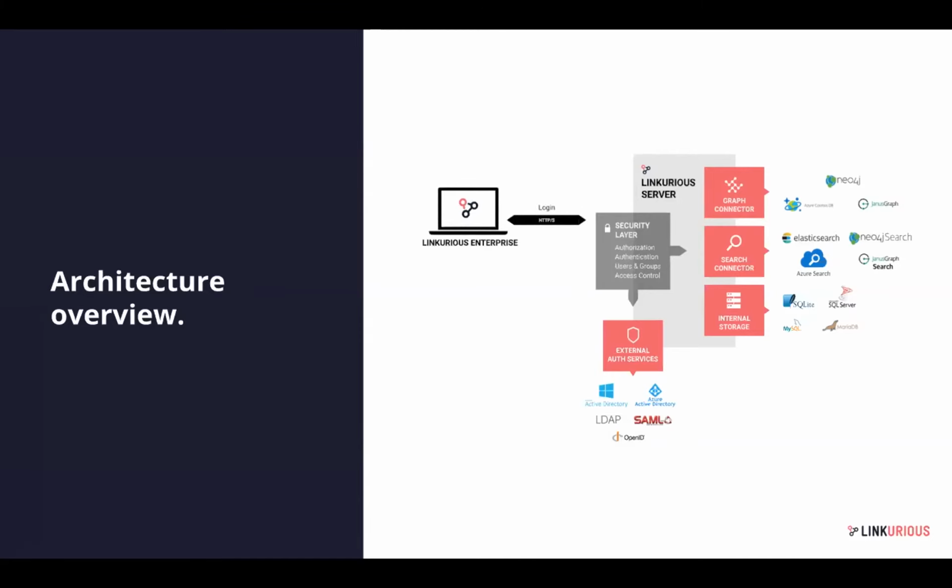On top of the server, we have, of course, our user interface. In the first example, when I moved from Power BI to the Linkurious Enterprise interface, I actually just redirected the user to our interface. In the second example, I created my own application.